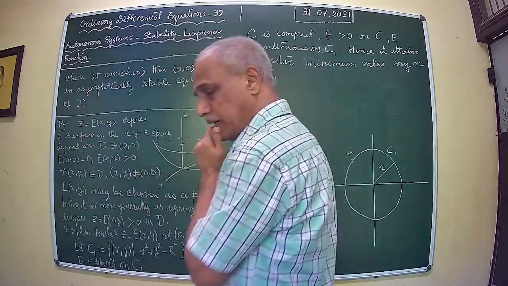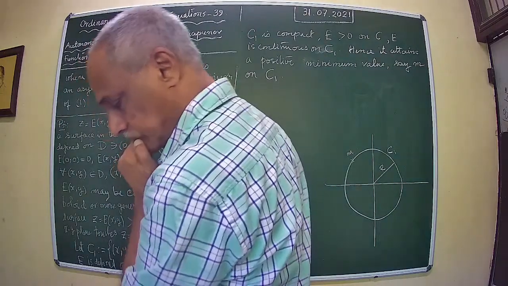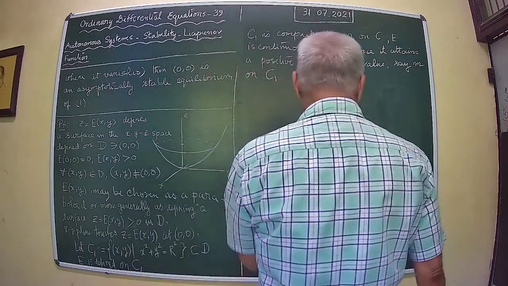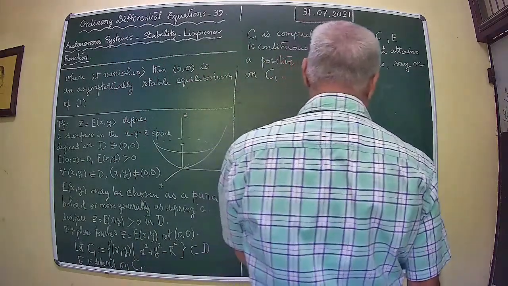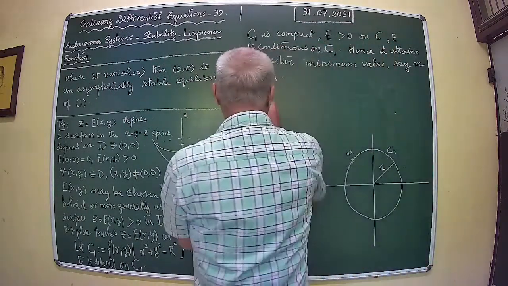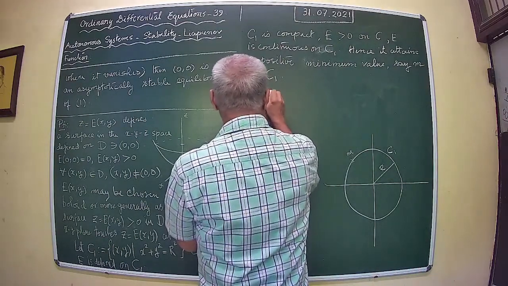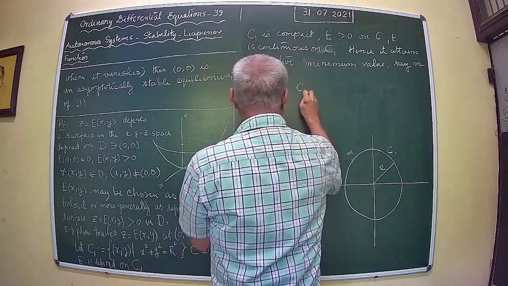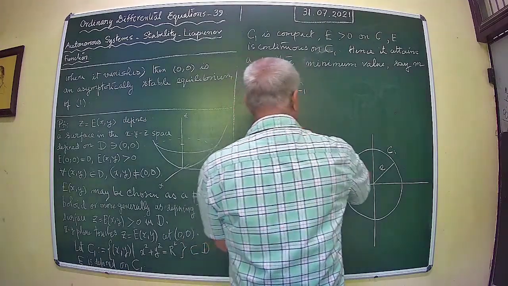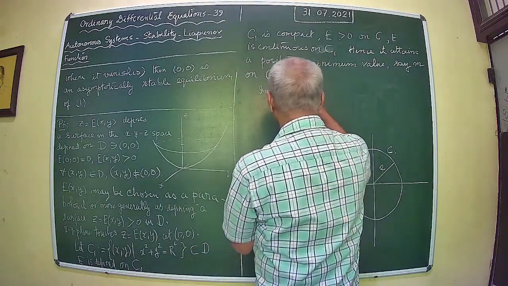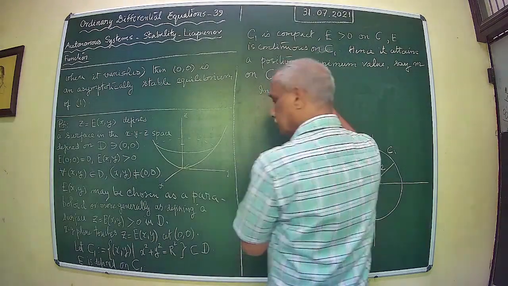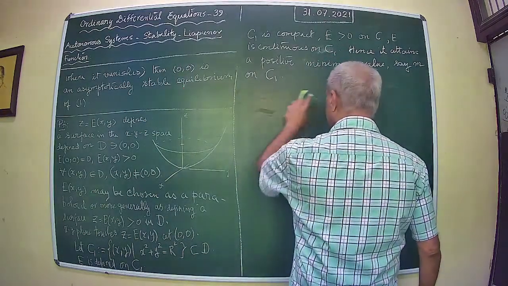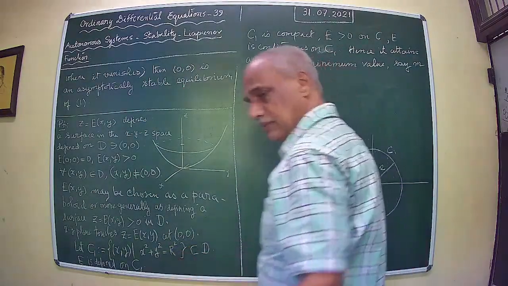Now, what you have is this. Therefore, inside C1 you can find another circle. Okay, now I'll write this.